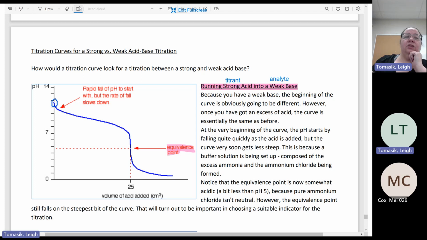So before this, the last question we did, we had a weak acid, right? So the equivalence point here has to be between 0 and 7. Okay, so if you have a weak base, you're going to have an acidic equivalence point, and you're going to start off in the basic range, but not at 14. You're going to start off lower than 14. And your equivalence point will be slightly acidic.